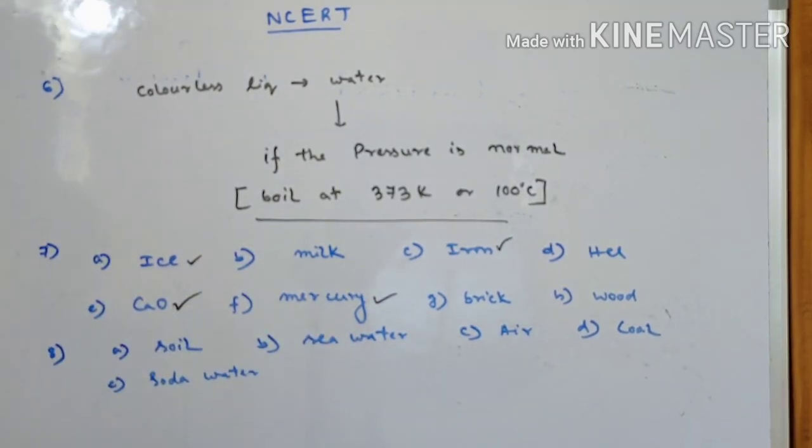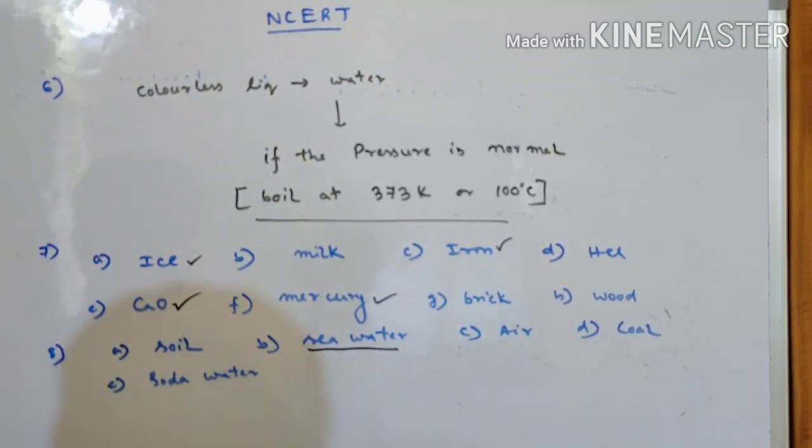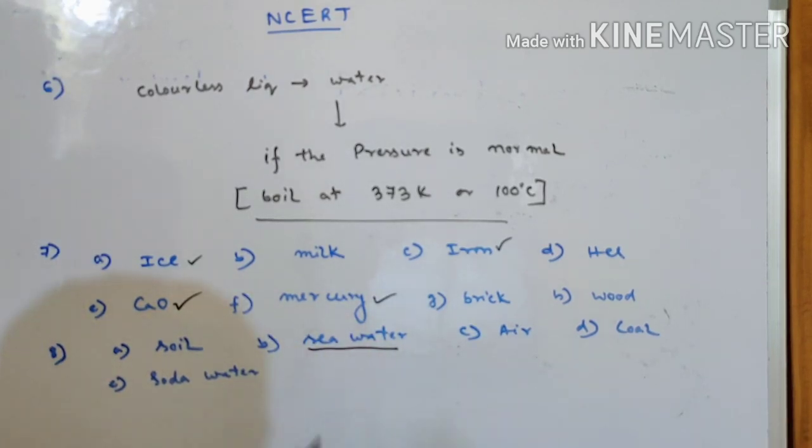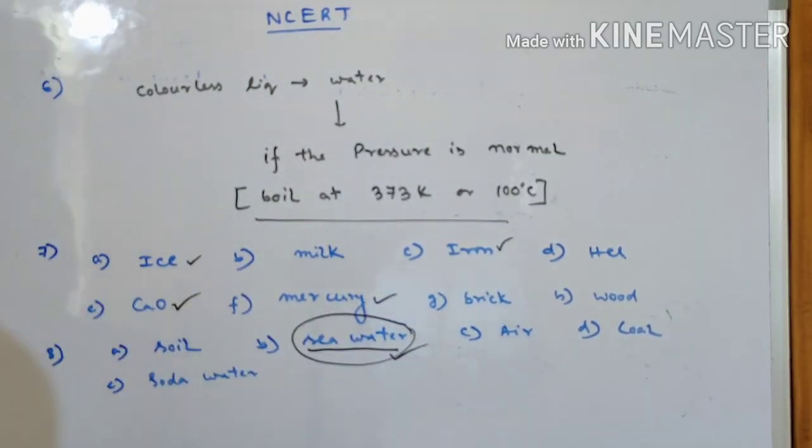Which of these are solutions? First of all, sea water is a mixture of NaCl and water only. So it is definitely a homogeneous mixture, if nothing is suspended. So I will take this.